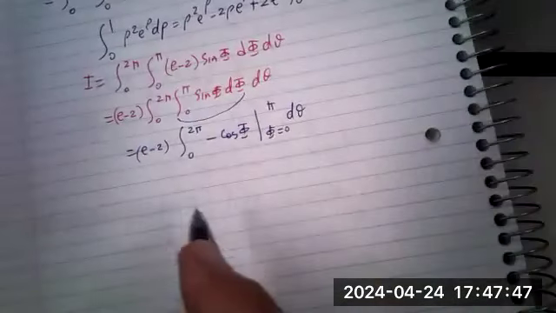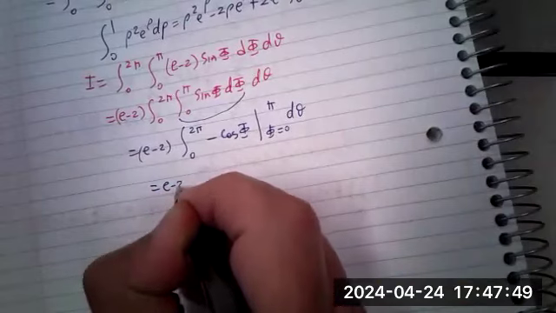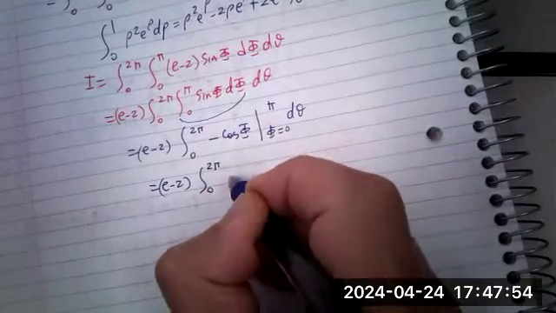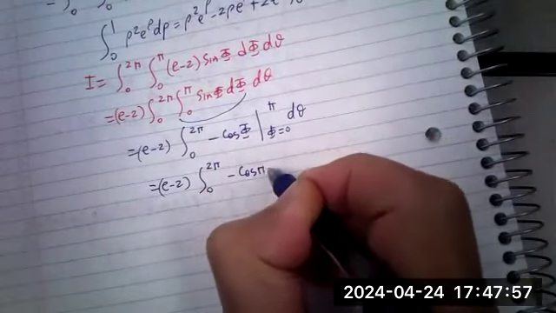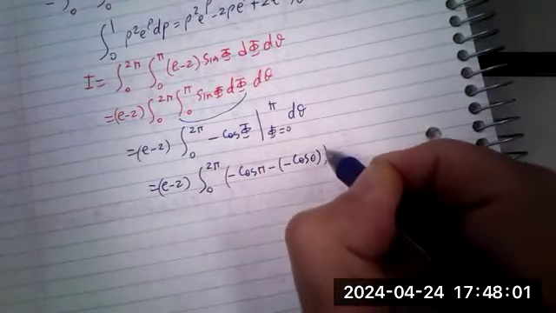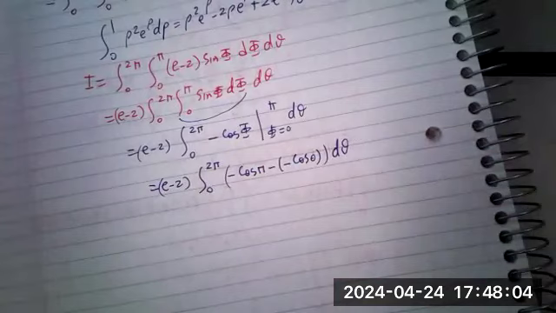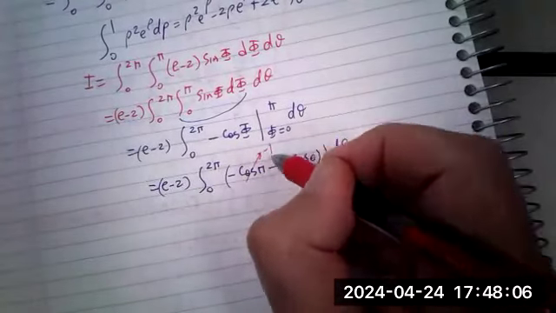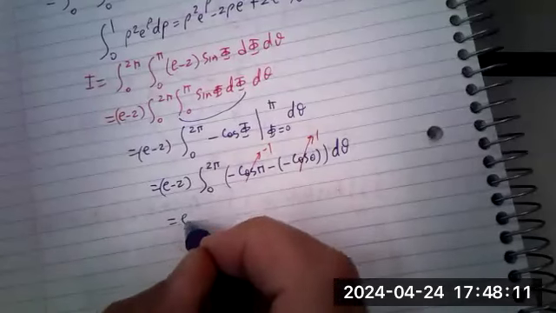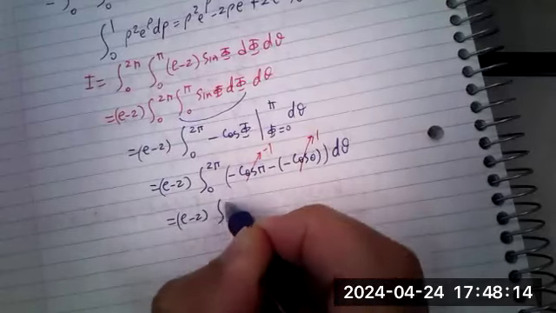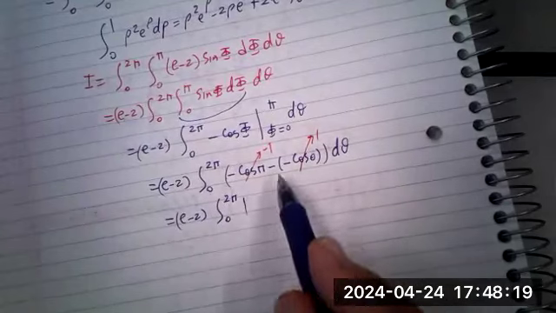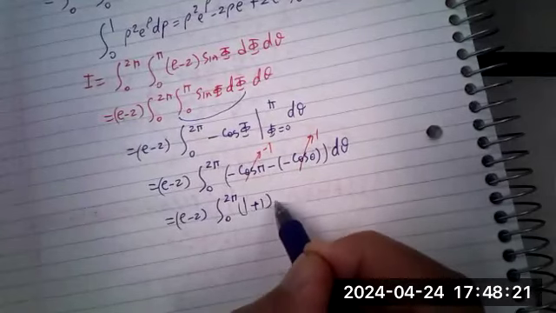You substitute, it's going to be e minus 2, 0 to 2 pi. If you put in the pi, that gives you negative cosine of pi minus negative cosine of 0, then d theta. Cosine of pi is negative 1, cosine of 0 is 1. So that gives you e minus 2, 0 to 2 pi, negative, negative, positive, d theta.